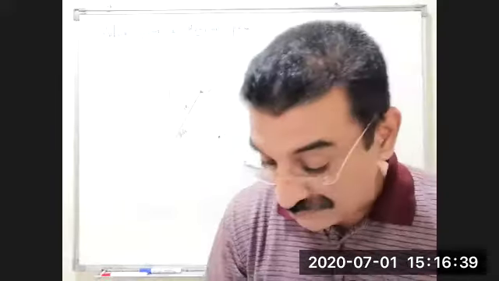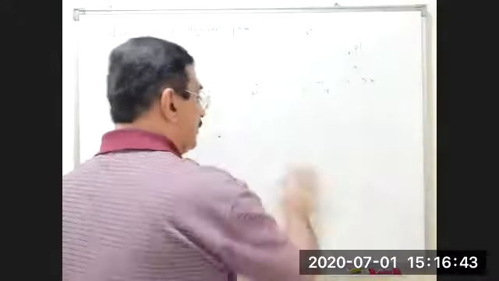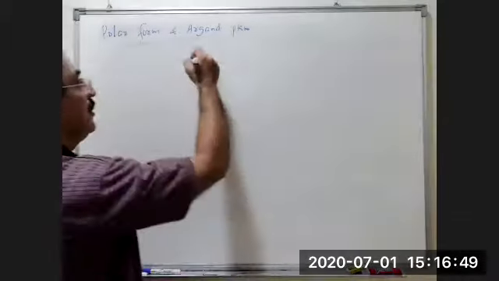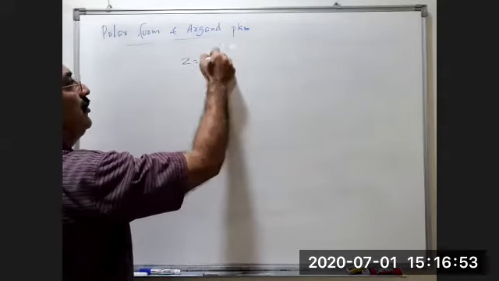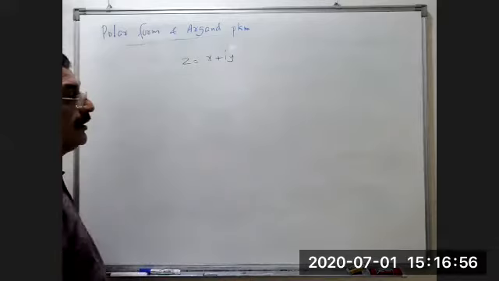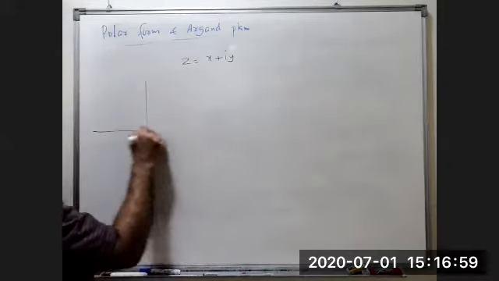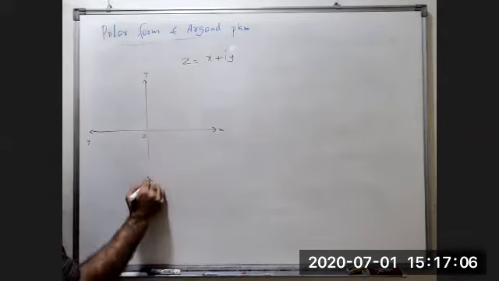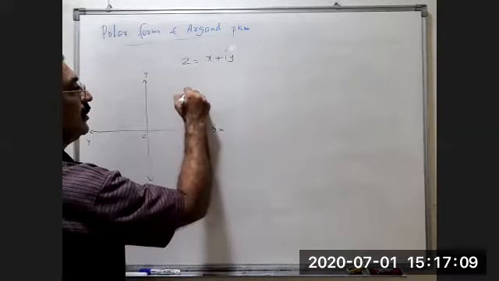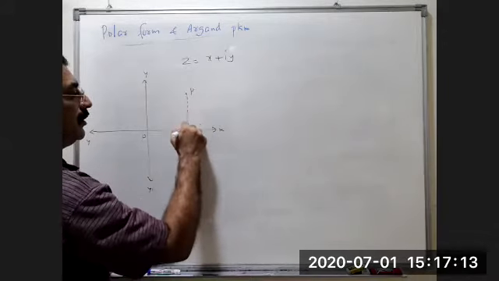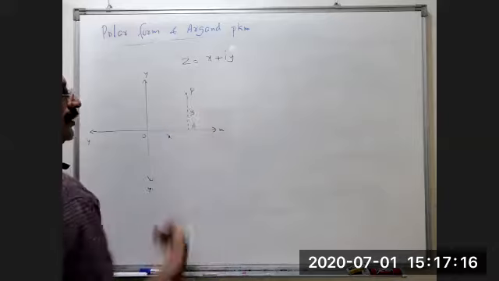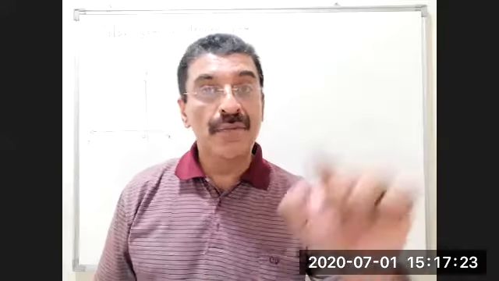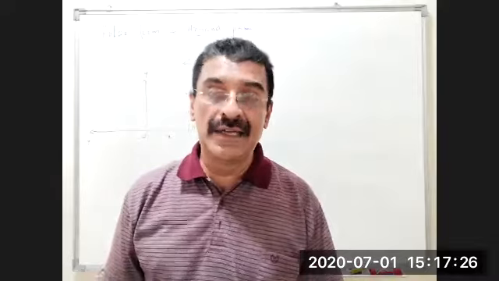Similarly, if a complex number z is equal to x plus iy, this point B is marked with X and Y. If a complex number is marked on a plane, that plane is called the Argand plane.